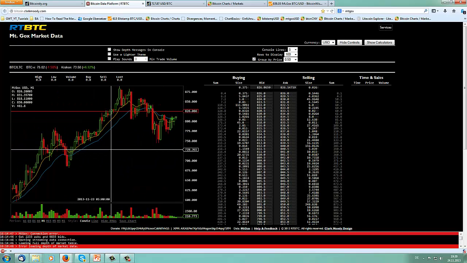Why is volume so important? Well, as I already said, the volume says where the trade goes to.